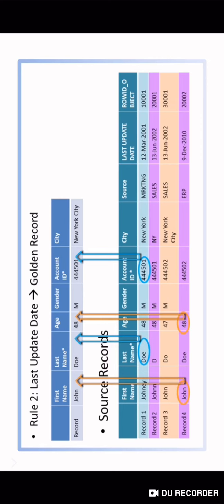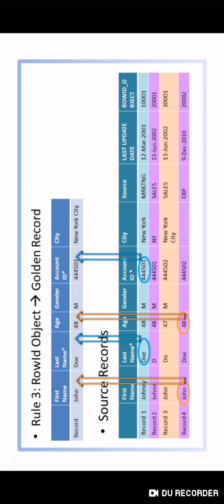As we have seen in our earlier rules, rule 1 and rule 2, the attributes first name, last name, age, and account ID have already survived with the trust score and last update date rules respectively. Now the remaining attributes, gender and city, how are they going to survive? As records 1, 2 and 3 contain these values, the comparison will happen among these records.